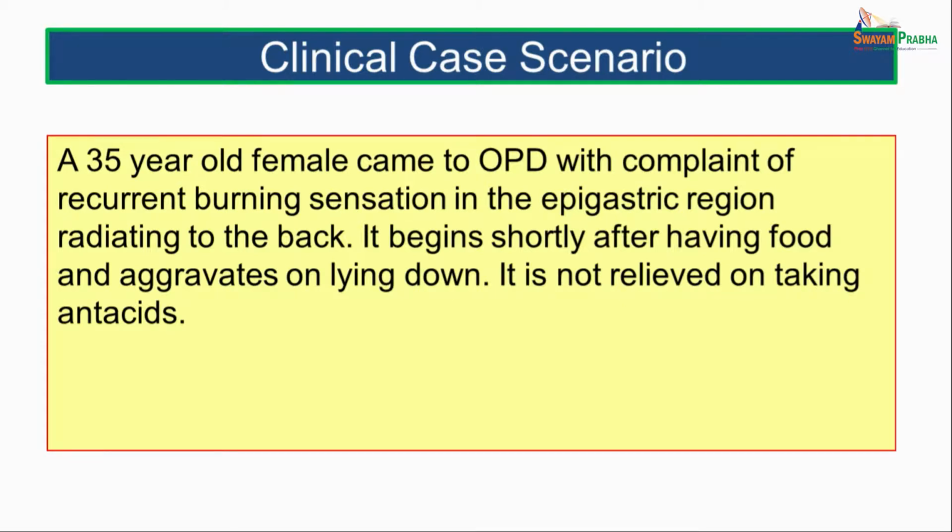It begins shortly after having food and aggravates on lying down. It is not relieved on taking antacids, and the diagnosis made was of a peptic ulcer or a gastric ulcer. Just keep this in mind so that as we go through the lecture, you would know why these symptoms have developed and what is the cause of these particular symptoms.